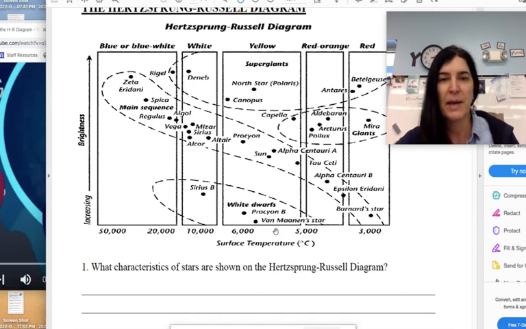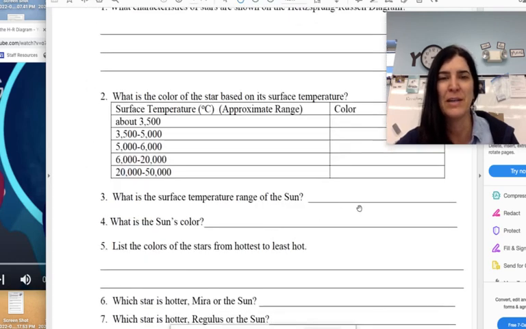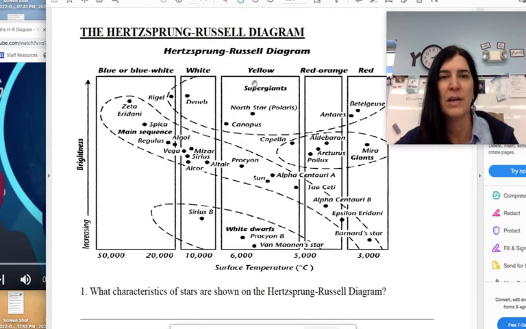It would be about 5,500, right? Because the sun is in between 5,000 and 6,000. So that's 5,500. So that's what you would write here, 5,500 degrees Celsius. What is the sun's color? So you'd go over here and the sun is right here. Then you'd know it's yellow, okay?